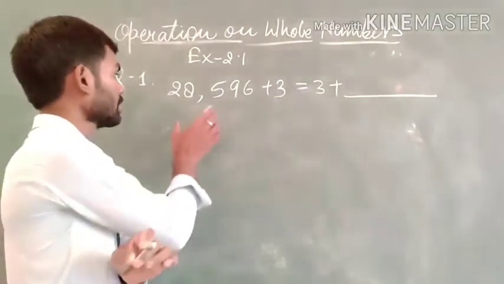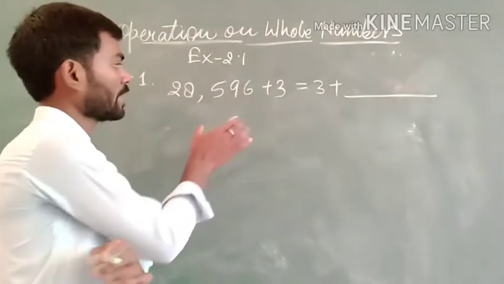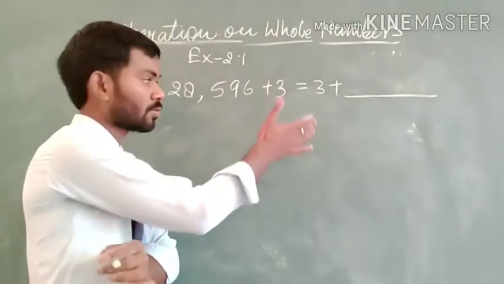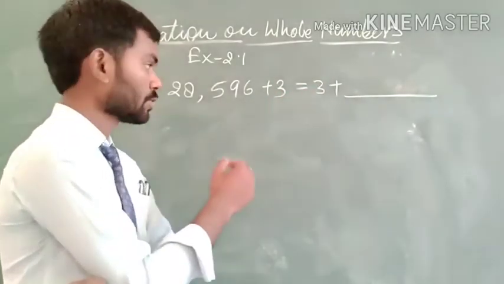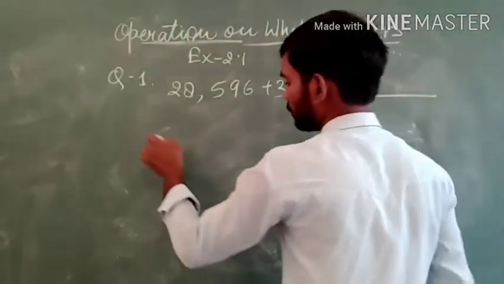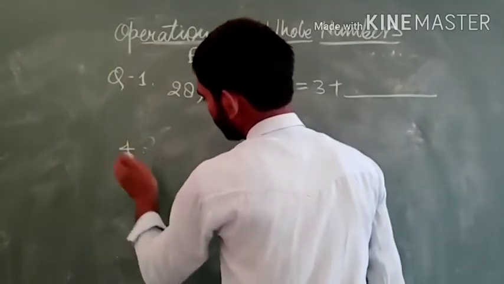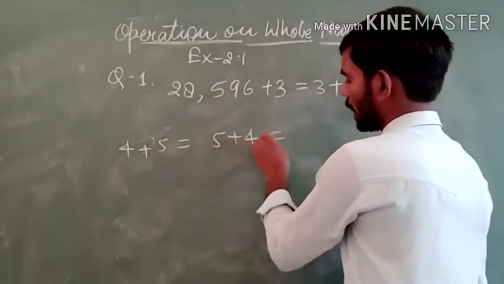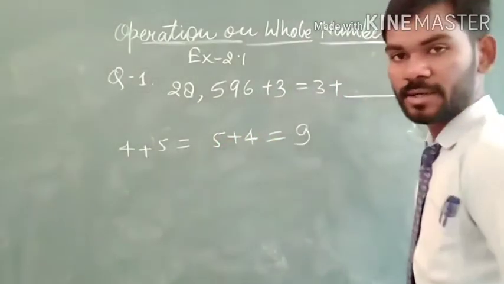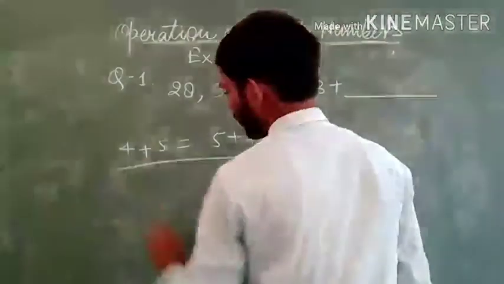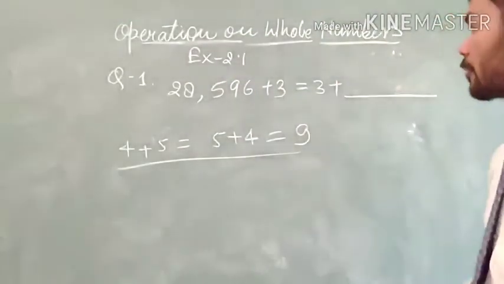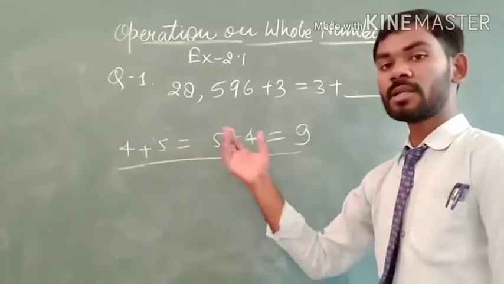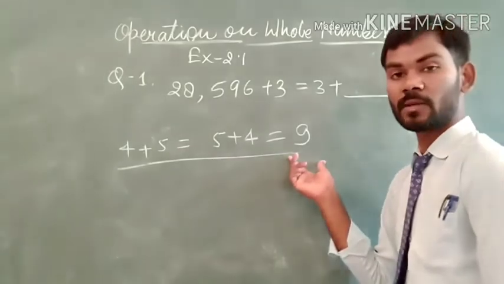Here we can see that 28,596 is added to 3 and this will be equal to 3 plus what? As we have discussed, 4 plus 5 is equal to 5 plus 4 and in both cases we get the result as 9. This property is known as the commutative property because here we change the order of the given numbers and in both cases the result remains the same.